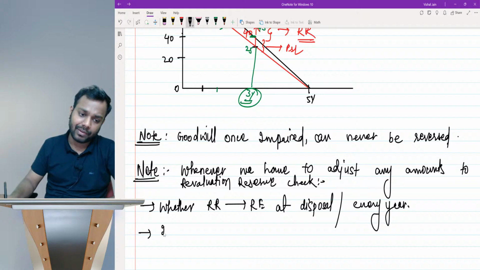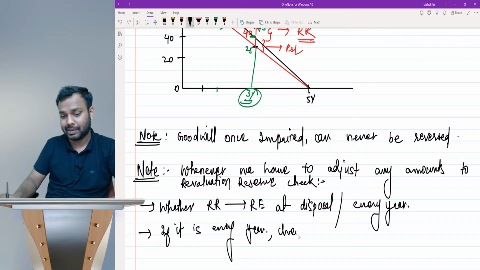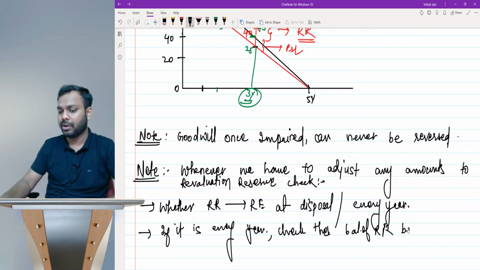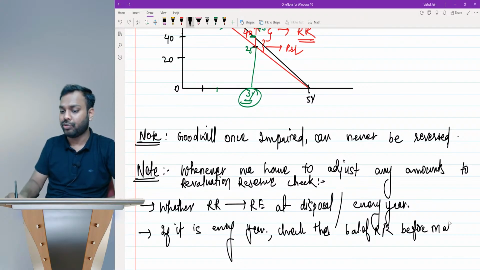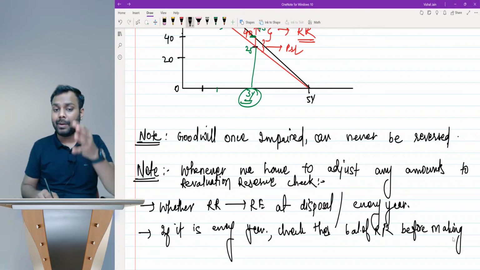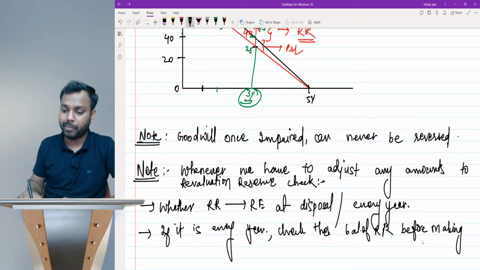If it is every year, check the balance of revaluation reserve before making the adjustment, because many times I find students adjusting the amounts to the revaluation reserve, and there is no sufficient balance itself.